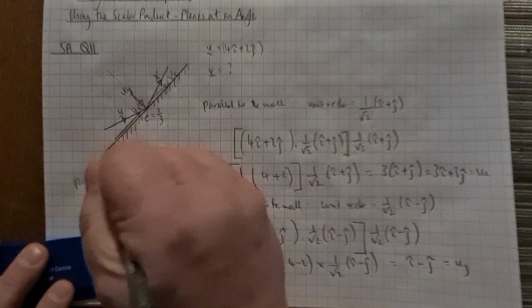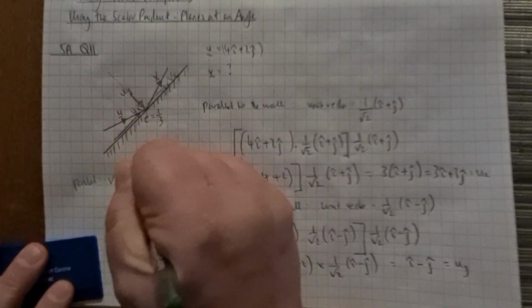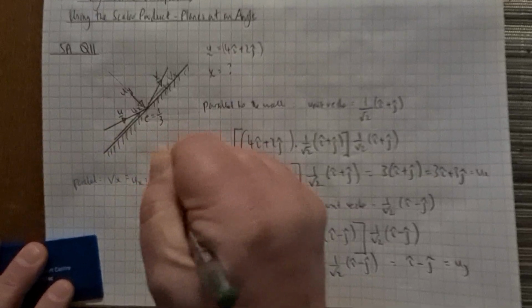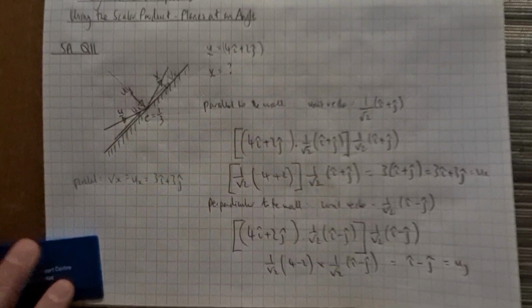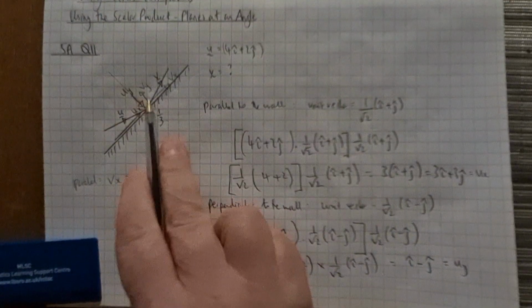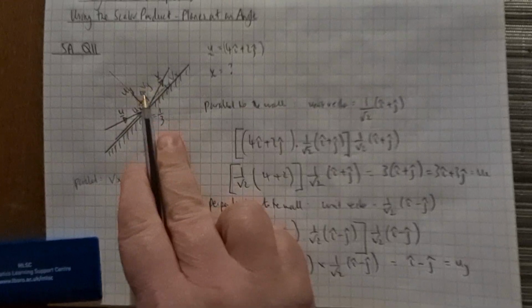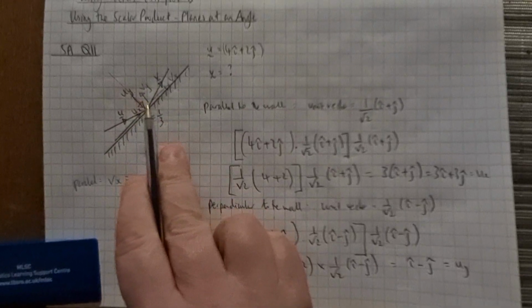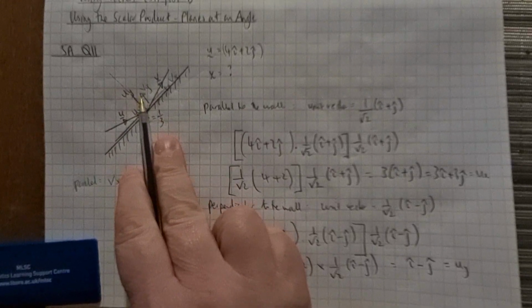So we just know that vx is going to equal ux, which we know is 3i plus 3j. And then you've got to be careful again with the y component of v, because you've got to remember that it's going in the other direction.